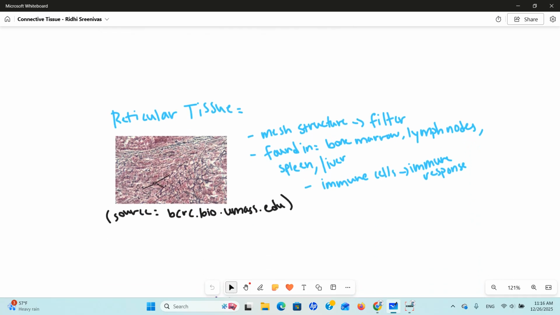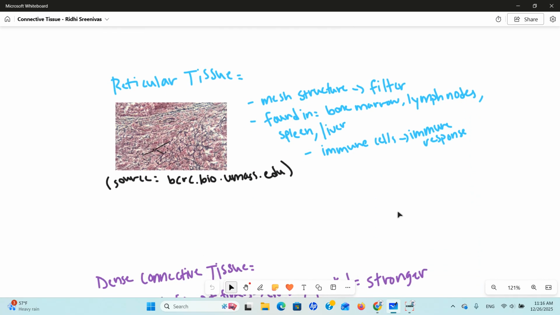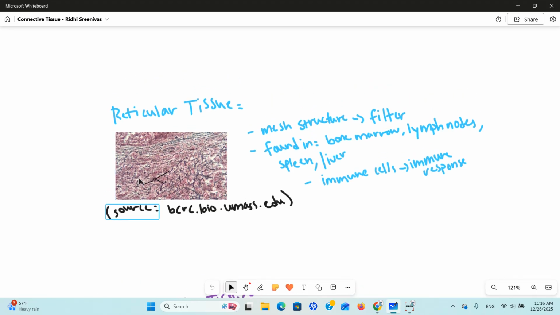And lastly, we have reticular tissue, which is mainly composed of reticular fibers having this mesh-like structure. This structure can help with filtering blood and lymph fluid, as this type of tissue is mainly found in bone marrow, lymph nodes, the spleen, and liver, which need those abilities to filter out the toxins and things that need to be filtered out in blood and lymph fluid.